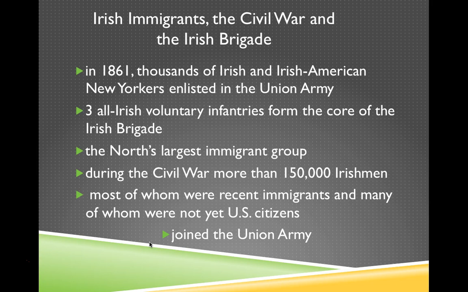Most of these were individuals who were recent immigrants fleeing the Great Famine, many of whom had not quite yet established their U.S. citizenship, and yet they still joined the Army of the Union to try to reestablish and unite the North and the South. Now, initially, most were participating because they did want to reunify the United States. Their initial participation was not hinging upon anti-slavery sentiments.